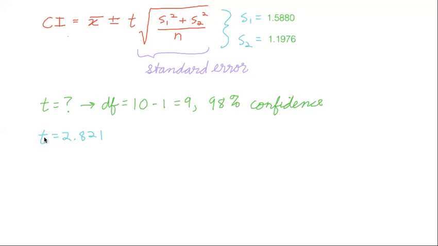The margin of error that we need to find is this portion over here, the t times the square root of the first standard deviation squared plus the second standard deviation squared, over n.